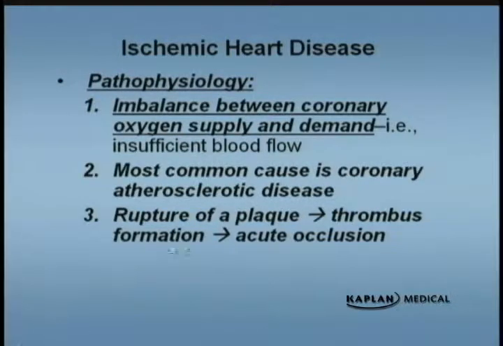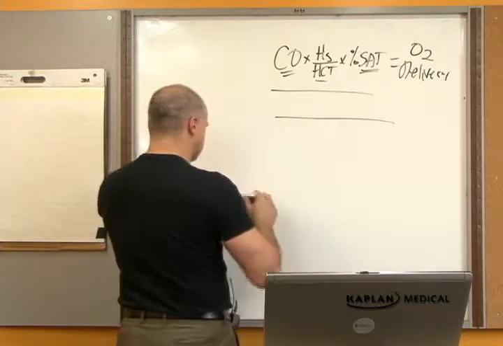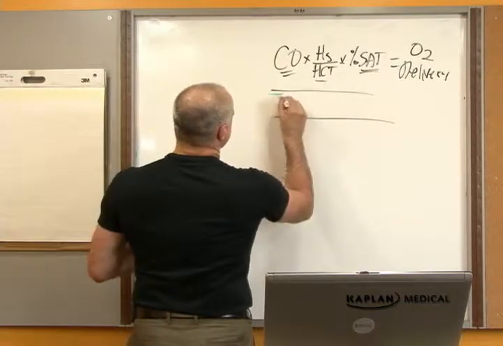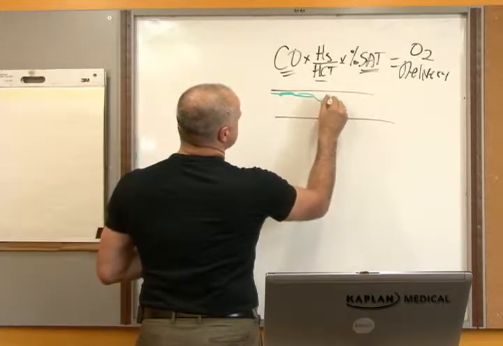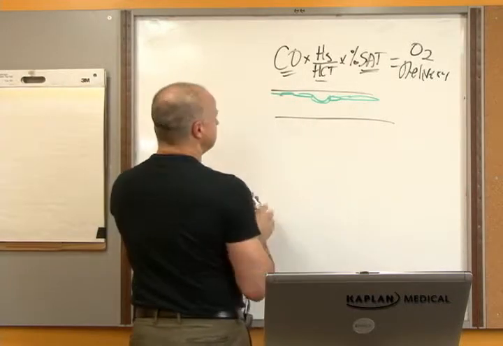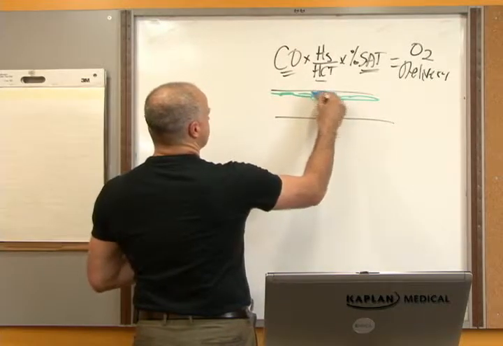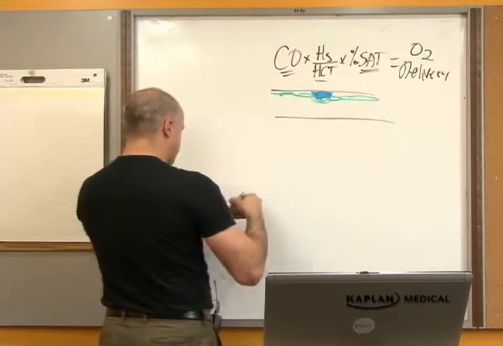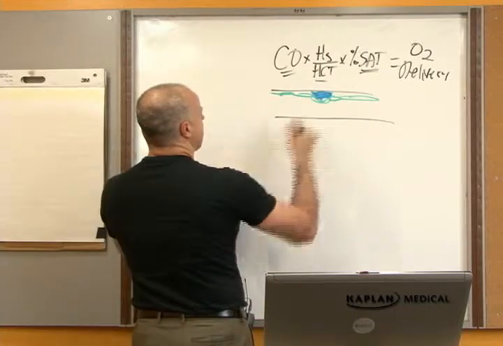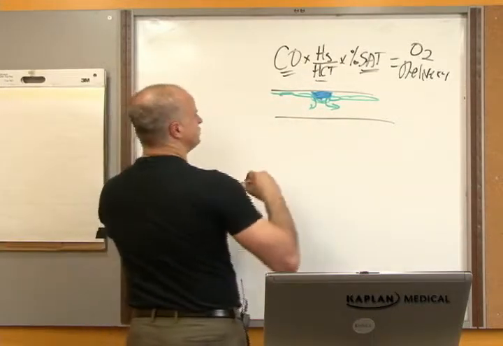Now, the plaque ruptures. When you have a blood vessel, on the inside of the blood vessel we have some endothelium. And the endothelium starts to get clogged up with lipid stuff, and the lipids build up underneath. Sometimes that plaque ruptures.